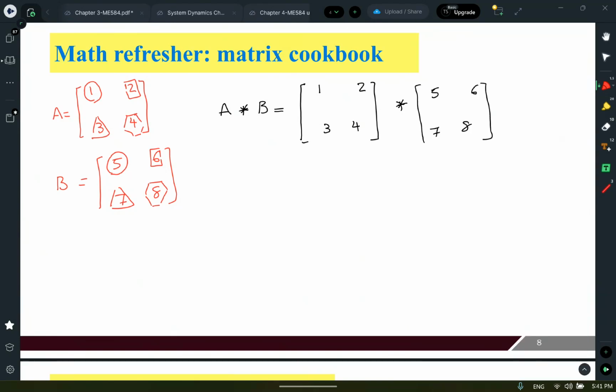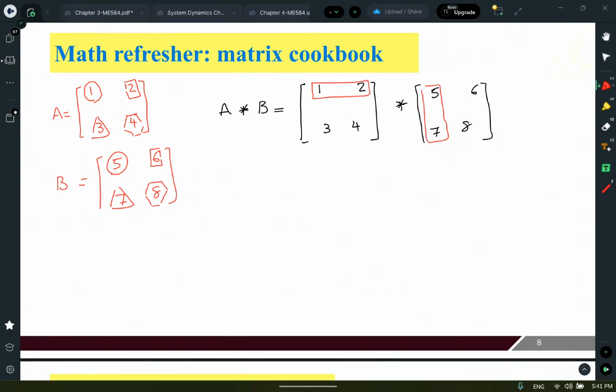When you multiply, the first element here is going to be multiplied by the first element here. The second element would be multiplied by the second element here. In fact, the first row would be dot multiplied with the first column.